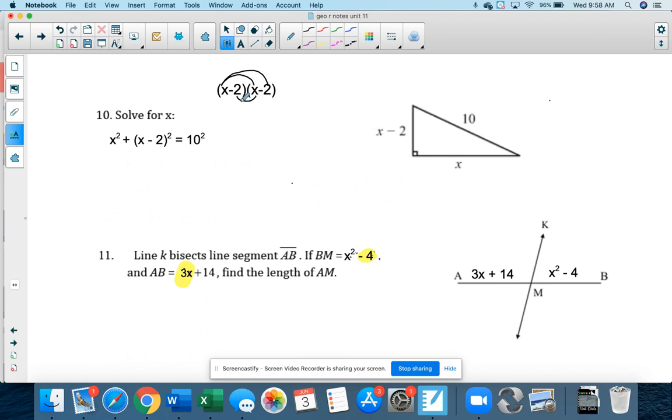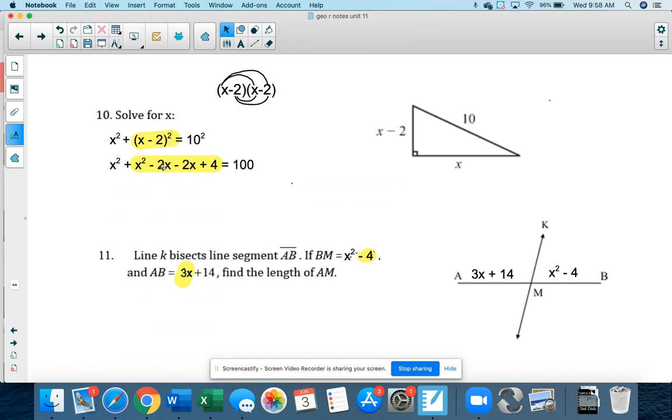Negative 2 times x is negative 2x. And negative 2 times negative 2 is positive 4. All right, so x squared stays x squared. This x minus 2 squared, and I'll just highlight that, actually is x squared minus 4x plus 4. And I got it from foiling up here. And again, the 10 squared was just 100.